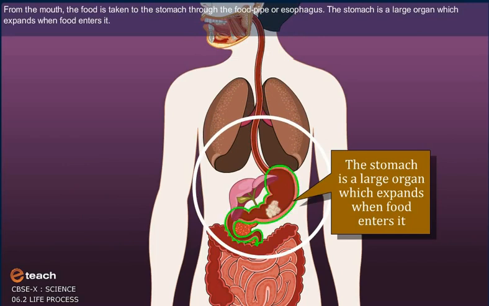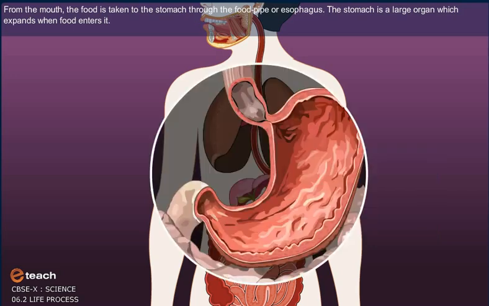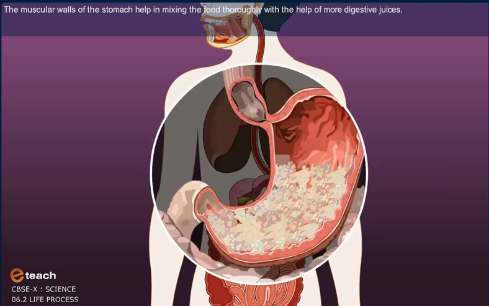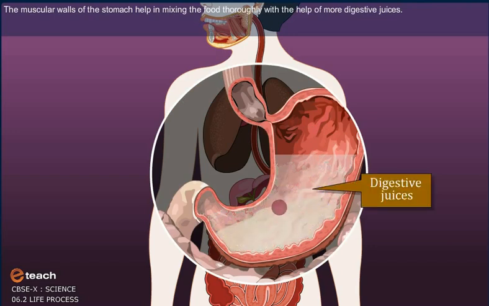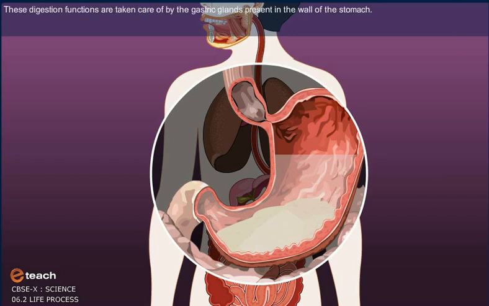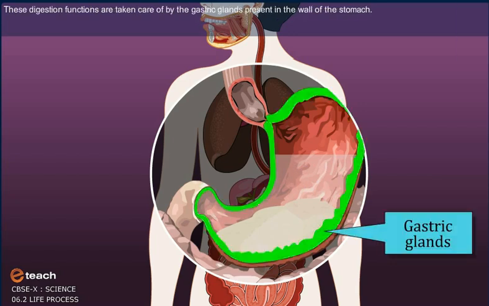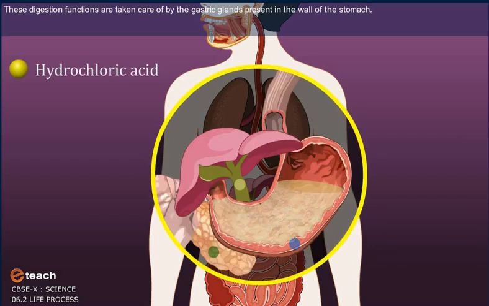The stomach is a large organ which expands when food enters it. The muscular walls of the stomach help in mixing the food thoroughly with more digestive juices. These digestion functions are taken care of by the gastric glands present in the wall of the stomach.